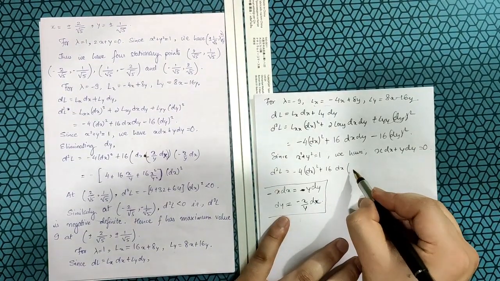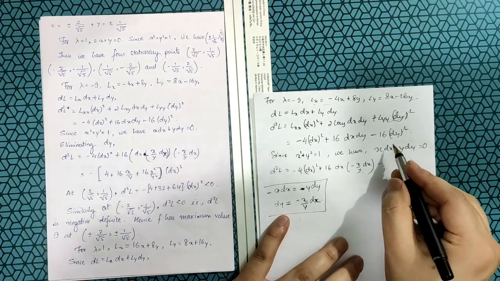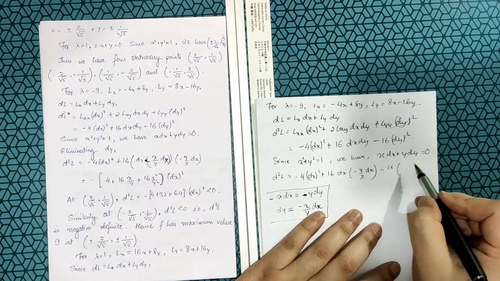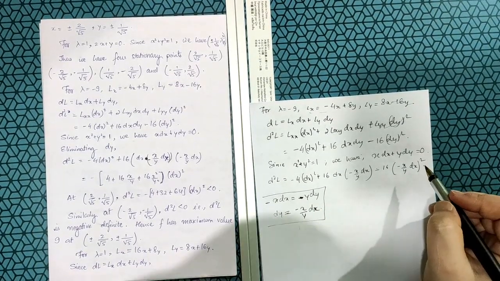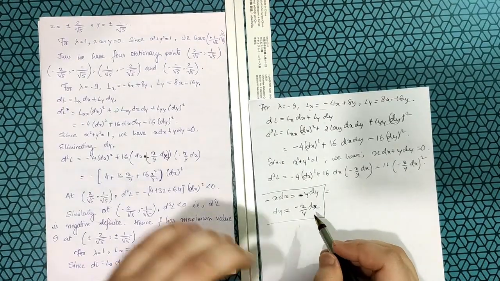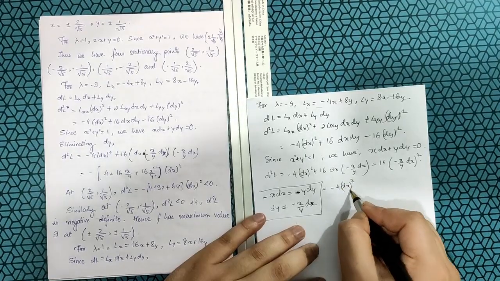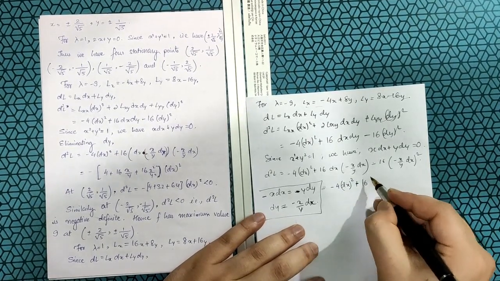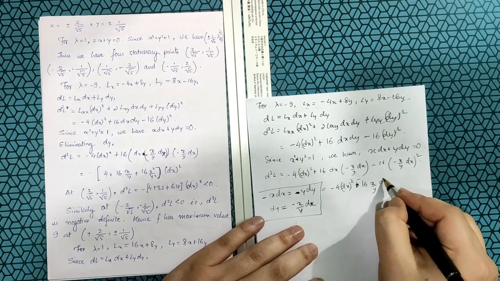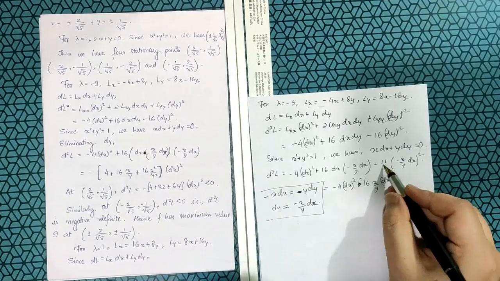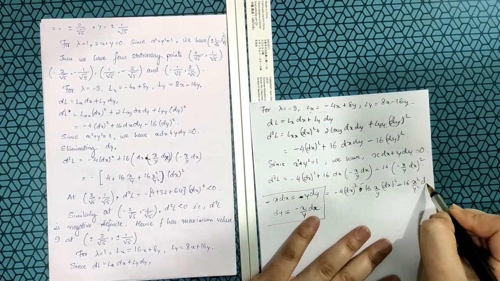So we can put this value here. dy is minus x by y dx, plus again minus 16, and here we have minus x by y dx whole square. Simplifying, what we get is minus 4 dx square plus 16, so this will be again minus x by y dx square minus 16 x square by y square dx square.